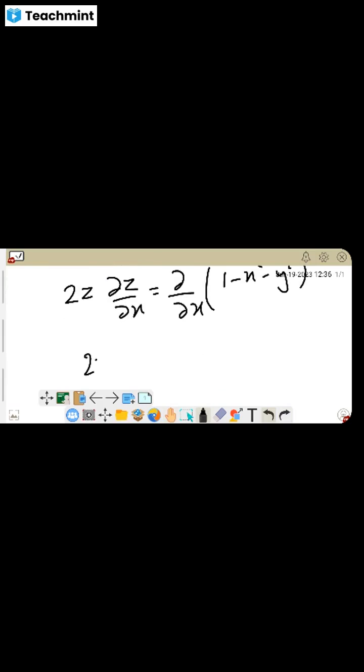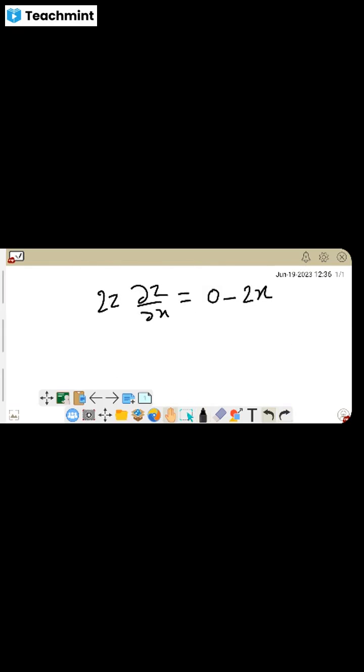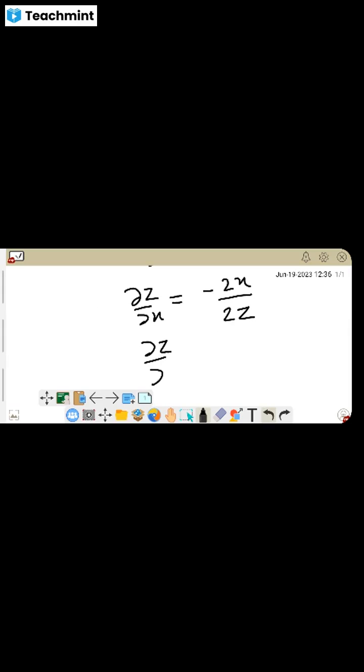So we have 2z del z over del x is equal to, 1 is 0, and the derivative of this is 2x and this is 0. So we have del z over del x is equal to minus 2x over 2z, or del z over del x is minus x upon z.